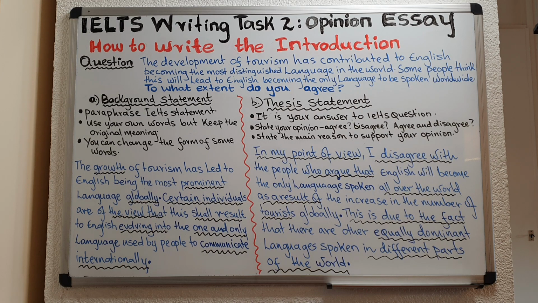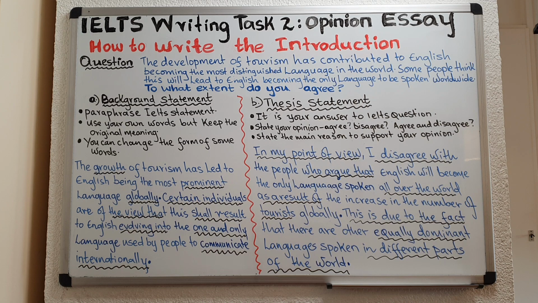So once you have decided whether you agree or disagree, then explain what you disagree with or what you agree with. And you get that information from the IELTS statement. Of course, you need to write it in your own words. I disagree with the people who argue that English will become the only language spoken all over the world as a result of the increase in the number of tourists globally.